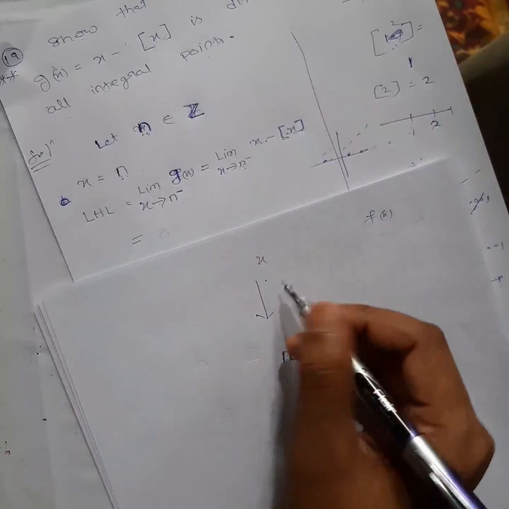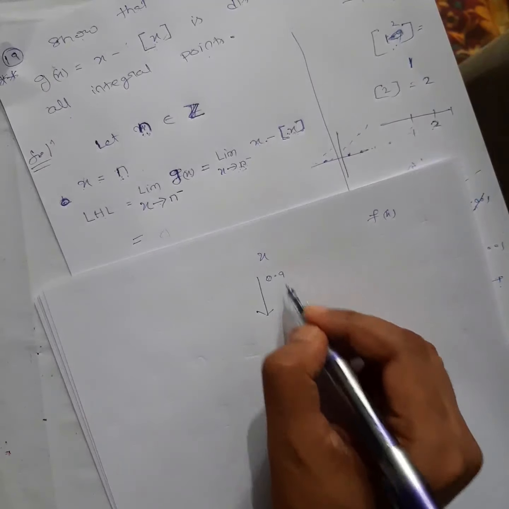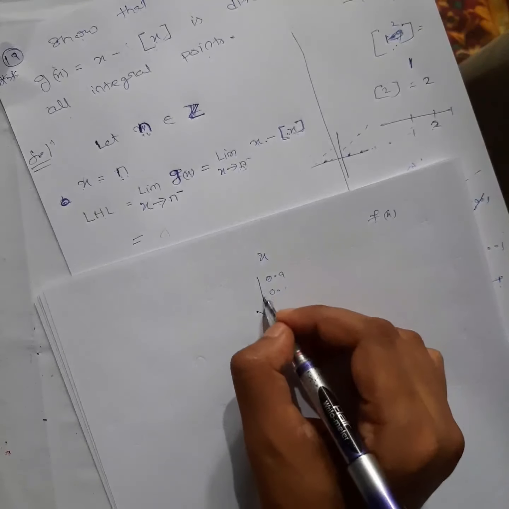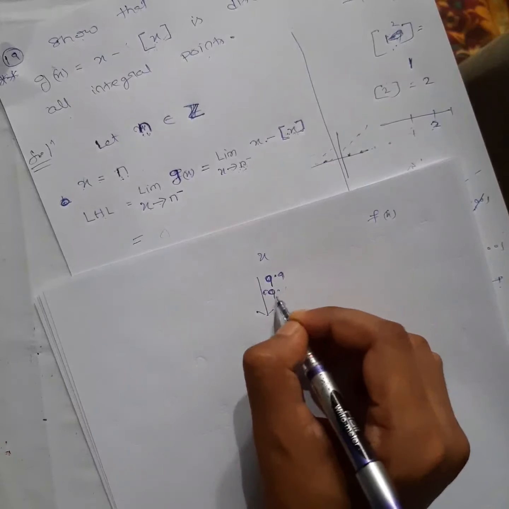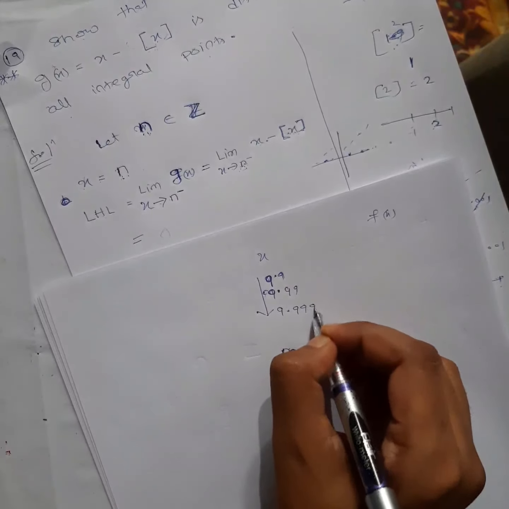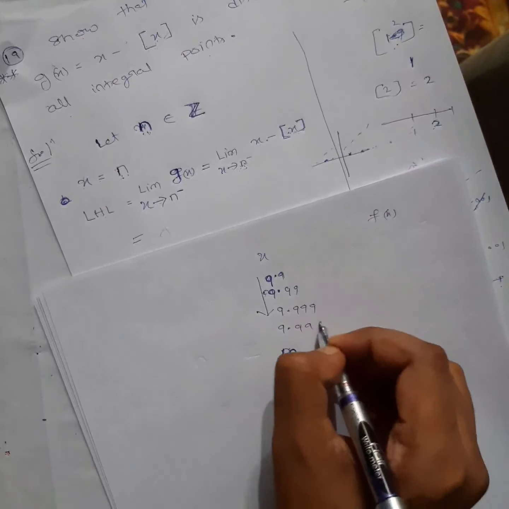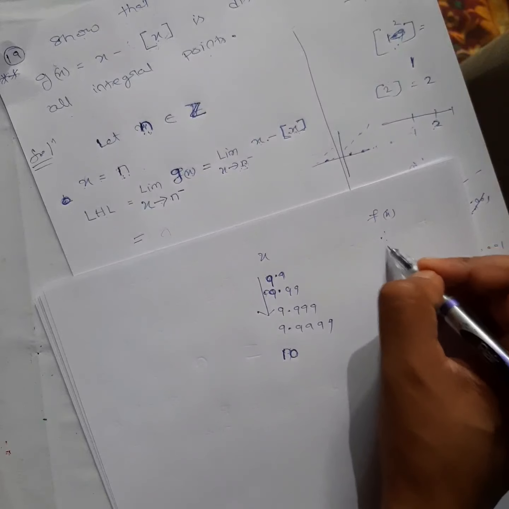Which value will I take? This one is from your left, right? So I will take 9.9, 9.99. Can you see I'm coming closer towards 10? 9.999. This kind of value we will take in place of x. Then what will be your g(x)? You have to find that out.